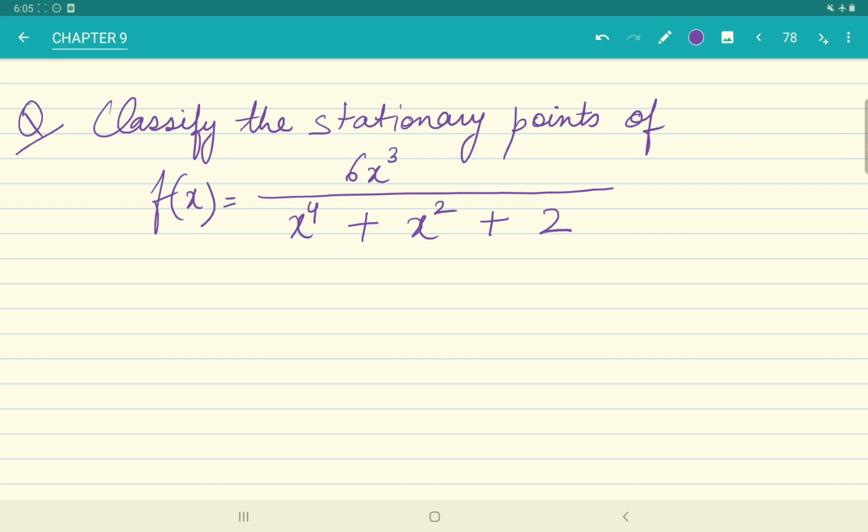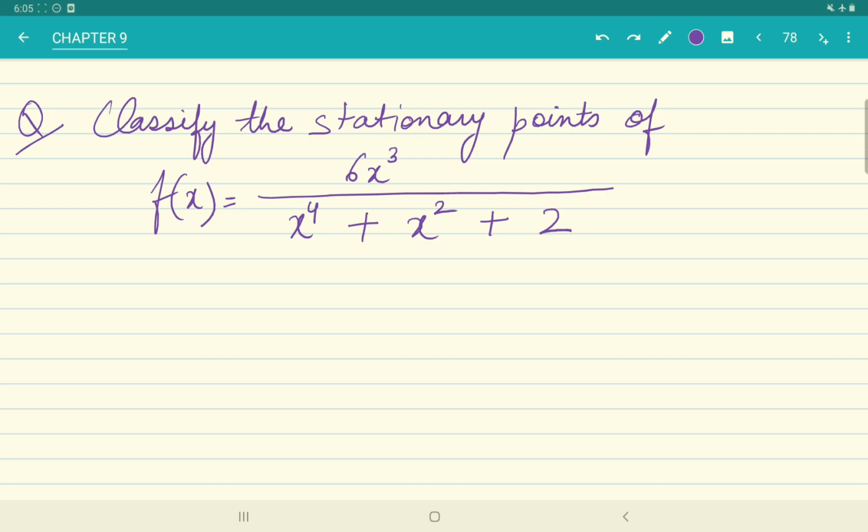If I look at the denominator, x raised to the power 4 plus x raised to the power 2 plus 2, these two terms will be greater than equal to 0, and that just means that the denominator is greater than equal to 2 for all x. So my denominator will never be 0, and that means I can't say that f of x is not defined for such and such x. So in fact f of x is defined for all x. That's something we are clear about.